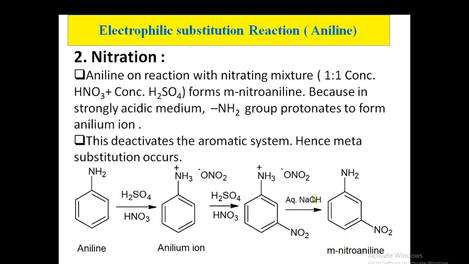Obviously, in the last step you need an aqueous workup, where the anilium ion will be converted into aniline by just abstracting this proton by a base. So in this way, aniline on reaction with the nitrating mixture forms meta-nitroaniline.